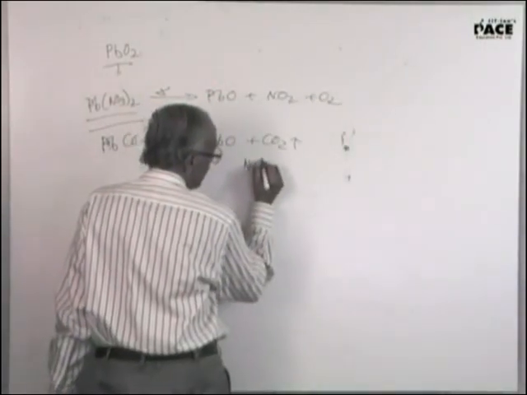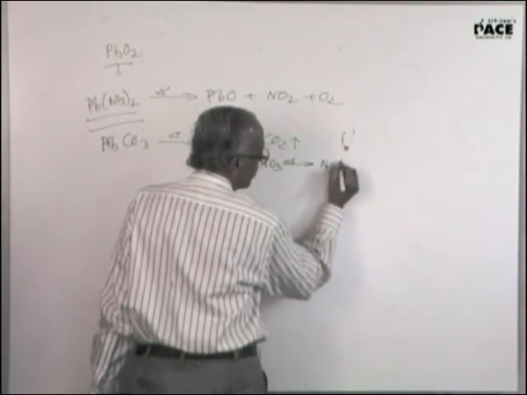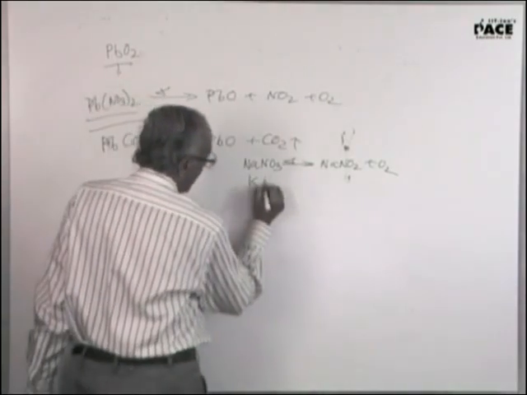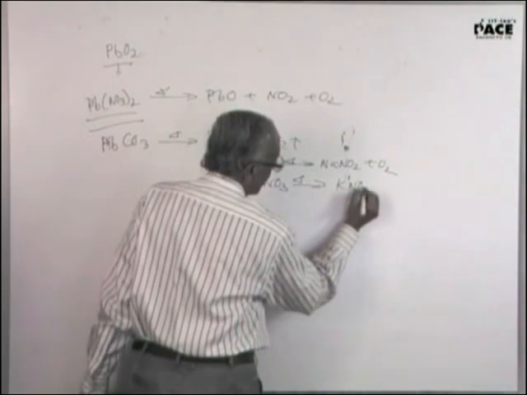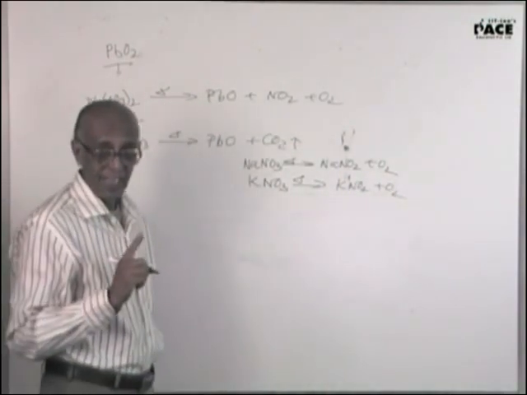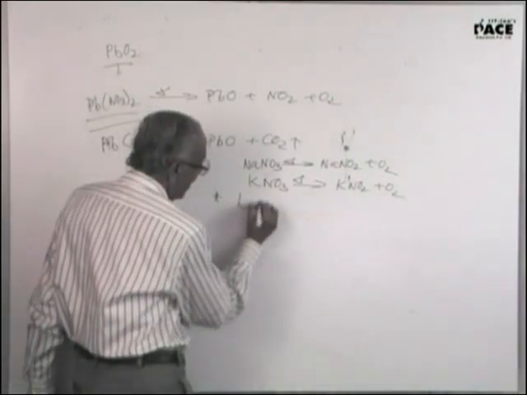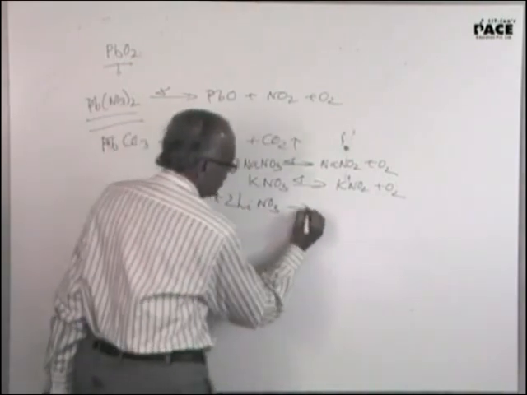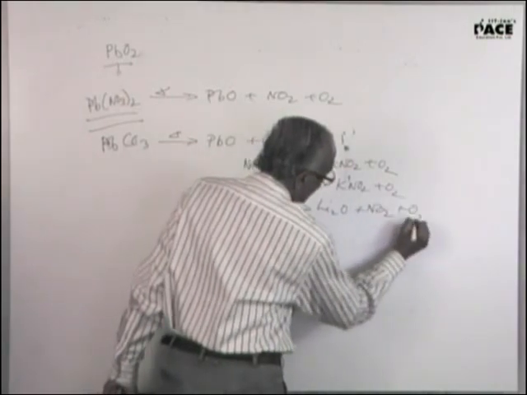But sodium nitrate on heating gives sodium nitrite and oxygen. Potassium nitrate on heating gives potassium nitrite and oxygen. But now put a star mark: lithium nitrate on heating gives lithium oxide, nitrogen dioxide plus oxygen.